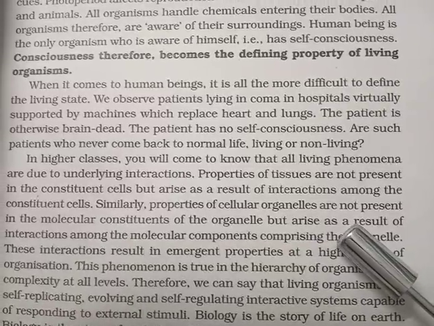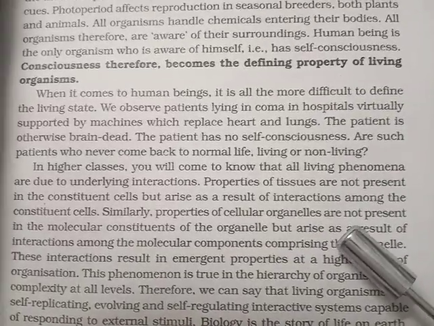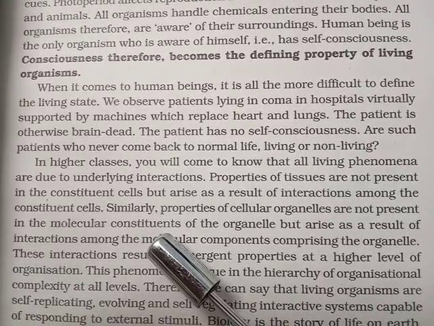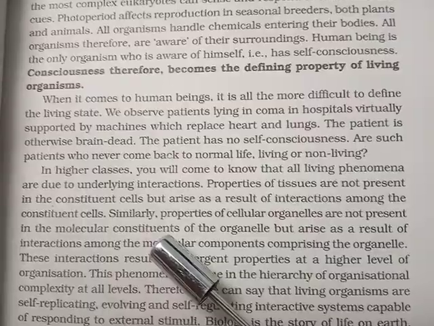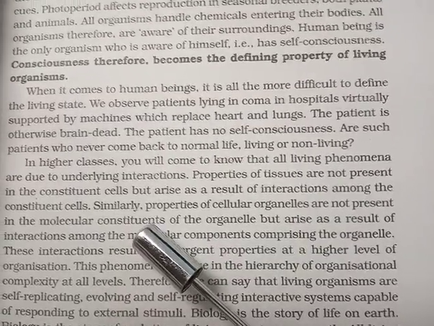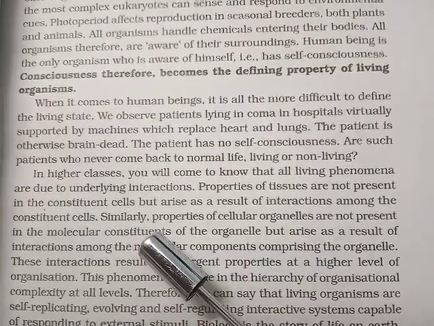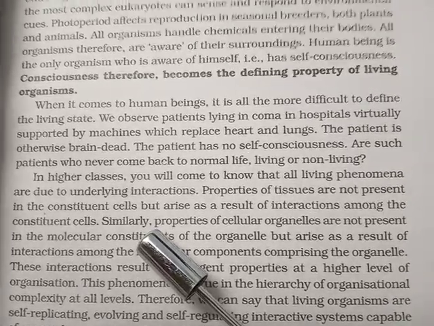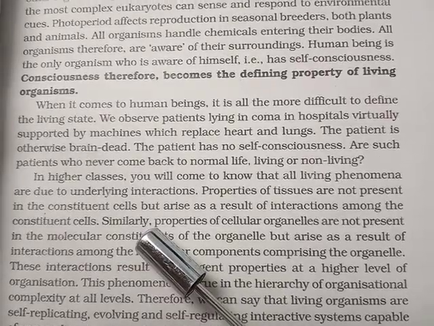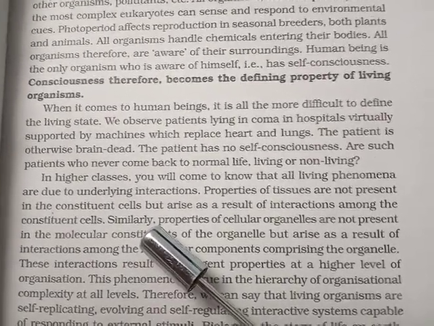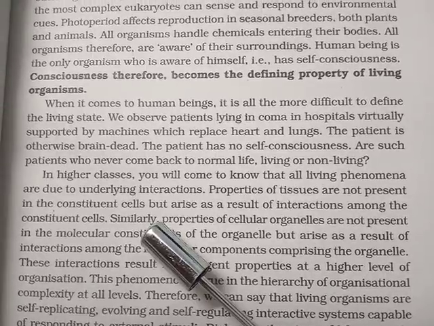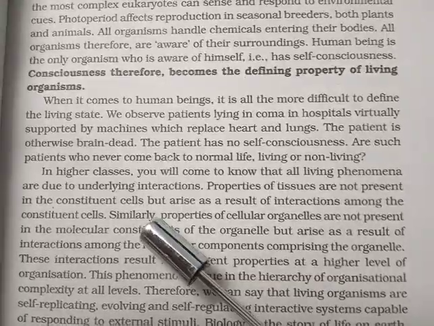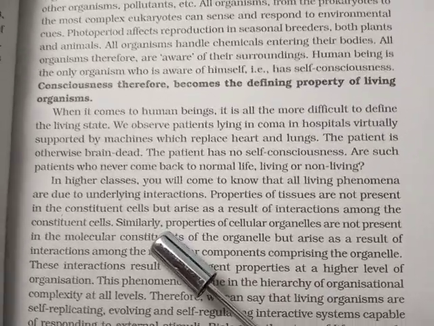Suppose we consider the digestive system: whatever properties the digestive system has, the entire property may not be present within the stomach. A group of organs assemble together to perform a particular function, and that we call a system.